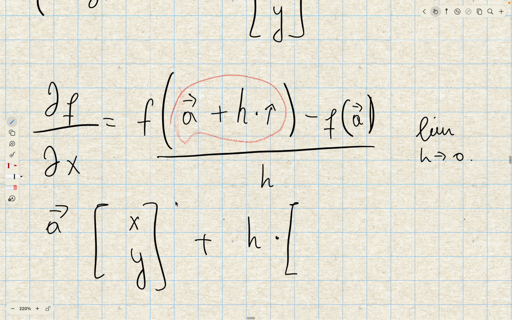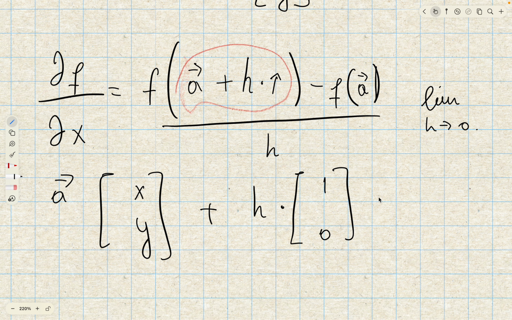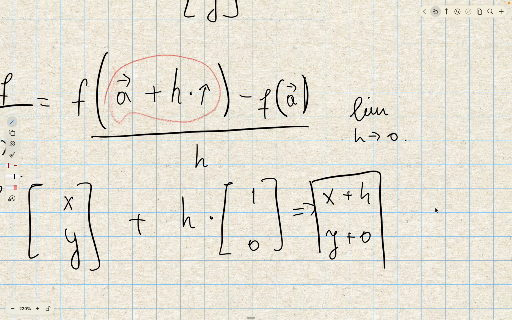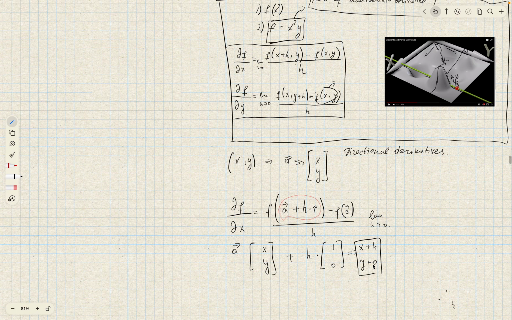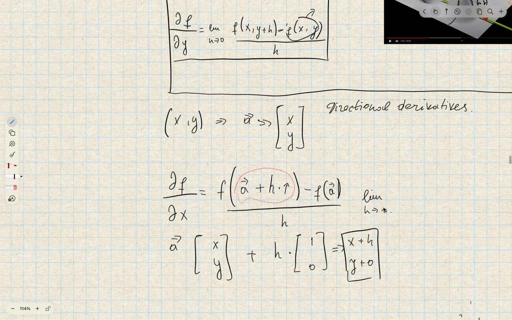For example, if we are only moving in the x direction, then it will be 1, 0. The x component will be the one that we will add some h to, and then we will see how this very small h change in x affects the function. Then it will be x plus h and y plus 0, right? Then it will be the same thing. y didn't change, but x changed by h amount.